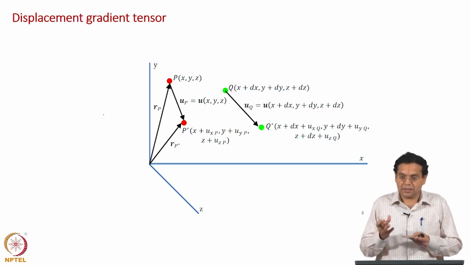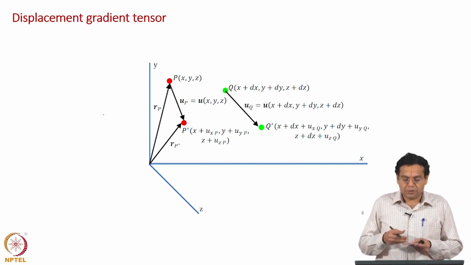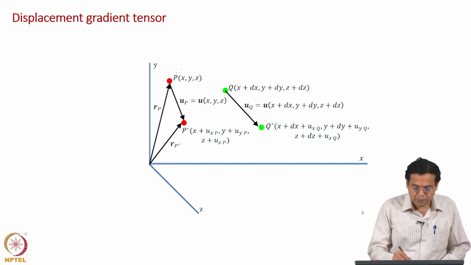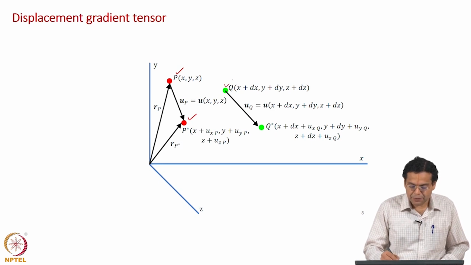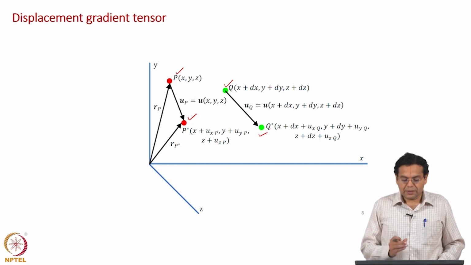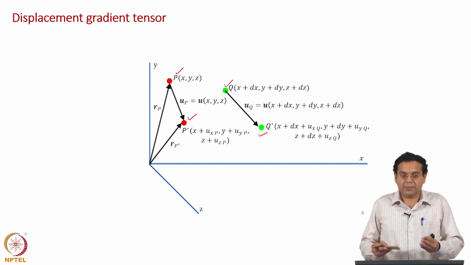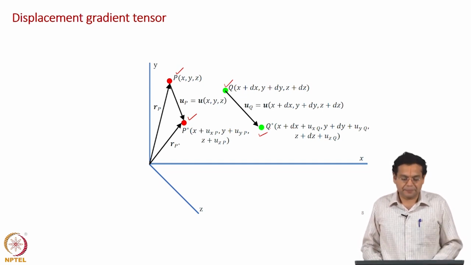Because of either of these, P moves to P star, and Q moves to Q star. As I told you, P has got displaced to P star, Q has got displaced to Q star. That displacement could be because of rigid body motion, which is translation and rotation, or because of deformation, which is normal strain and shear strain.